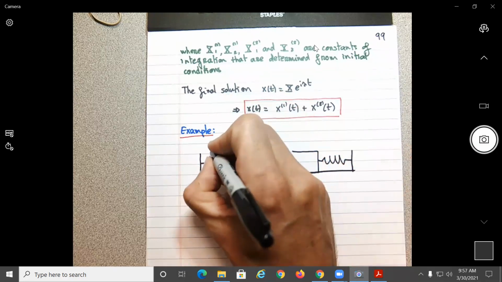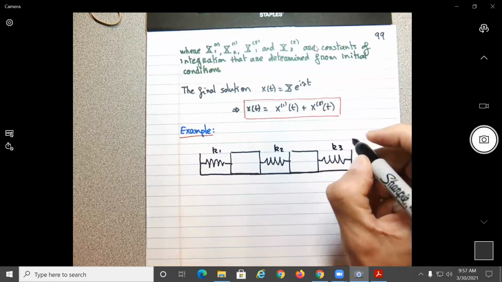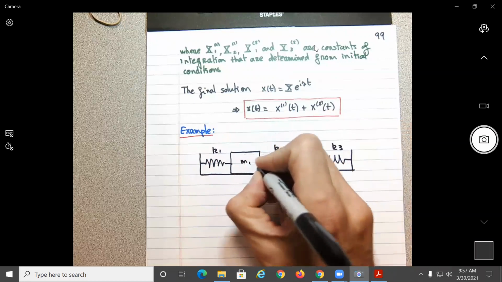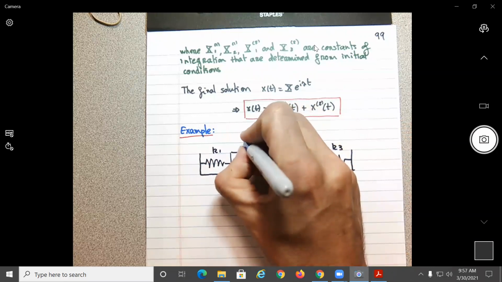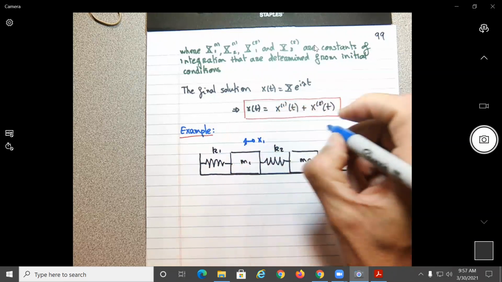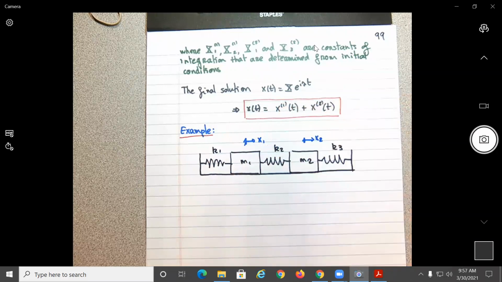So you have here K1, K2, K3, and this will be M1 and M2. So let's say this will be the origin for X1. This will be the origin for reference frame X2.